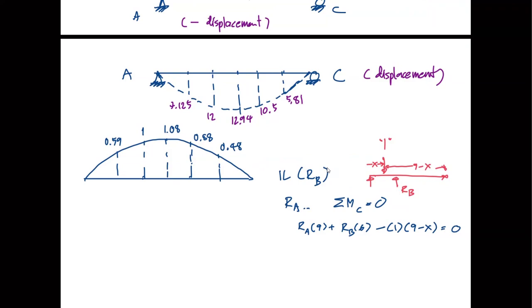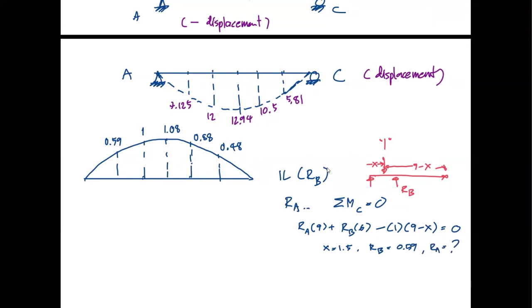Now you keep plugging in. Let's say if your X is equal to 1.5, for example, you know your RB is 0.59, right? So RA, what's going to be?